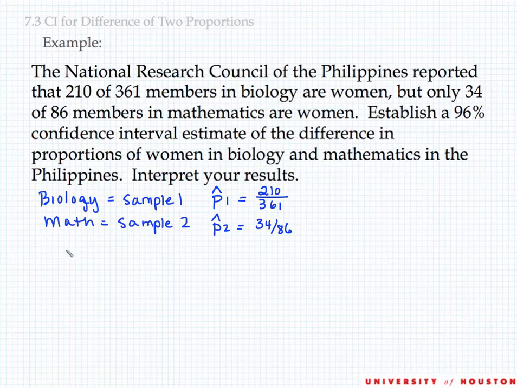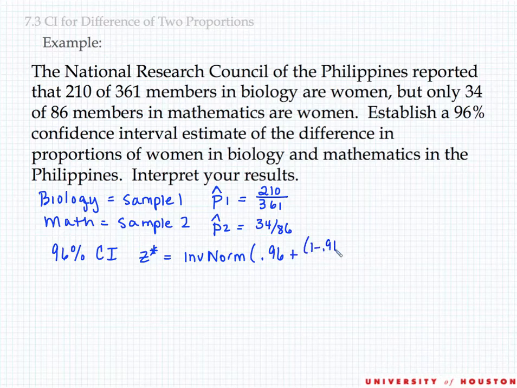Now let's get our confidence interval z star, our critical value. So for a 96% confidence interval, our critical value will equal the inverse norm, or qnorm if we're using RStudio, of 0.96 plus (1 minus 0.96) divided by 2.